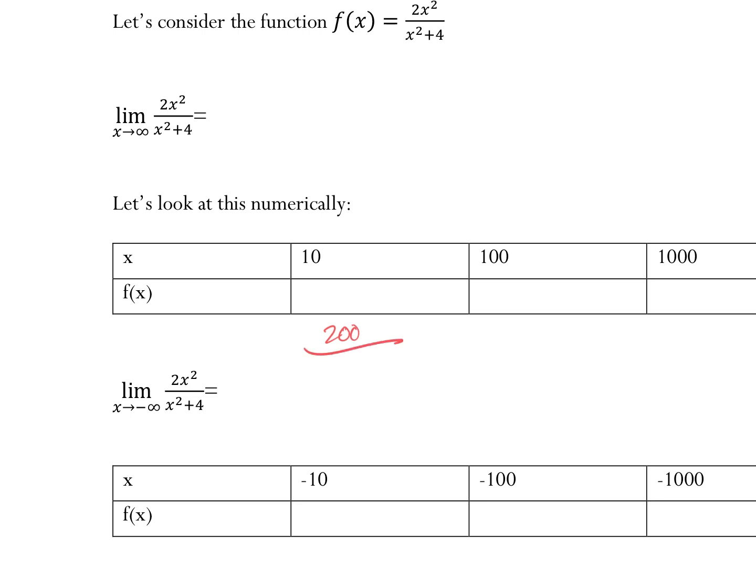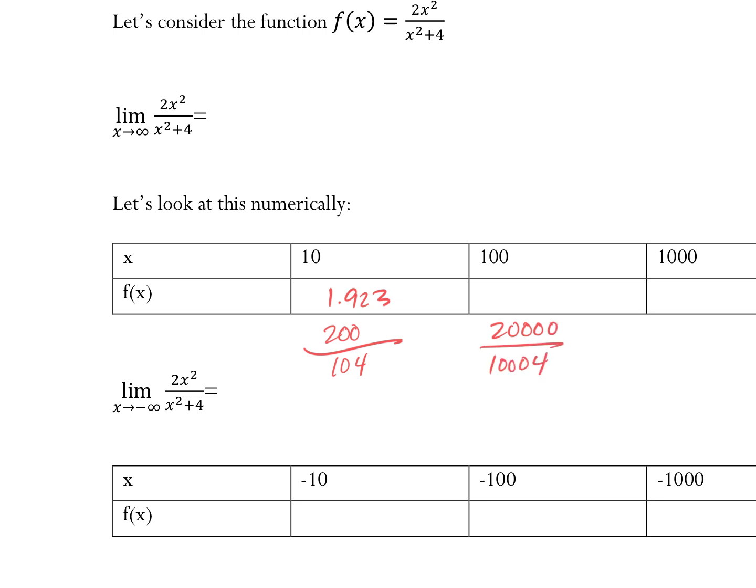What do I have on the bottom? 104. 200 divided by 104 is going to be like 1.96 maybe? 1.92, thank you. If I plug in 100, this is my x growing towards infinity, I would have 20,000 over 10,004, yeah?